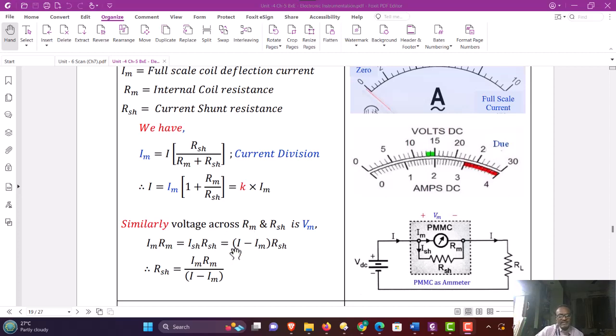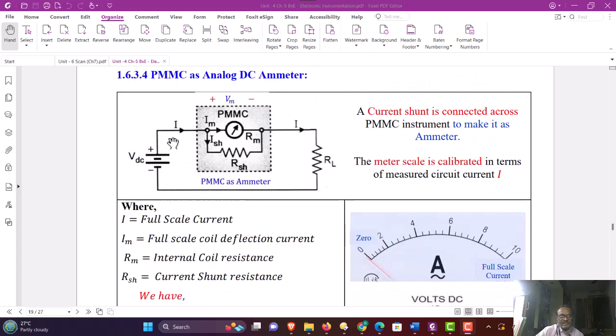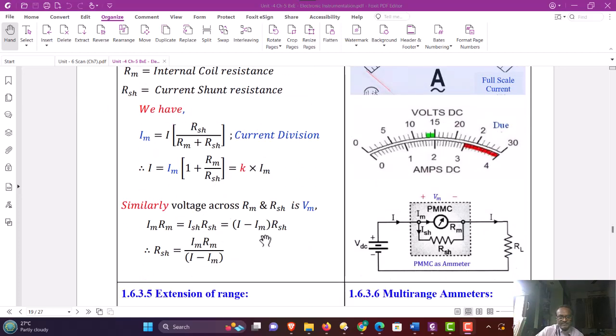Whereas what is ISH? From this circuit, ISH is nothing but I minus Im. That is substituted here. And therefore, from this equation, if you take RSH on left hand side and remaining terms on right hand side, you are getting the expression RSH equal to Im into Rm divided by I minus Im.